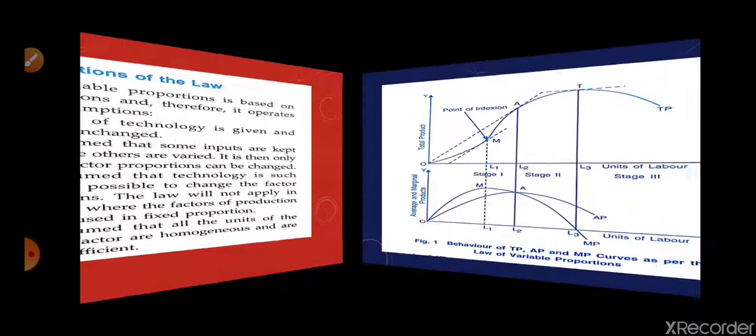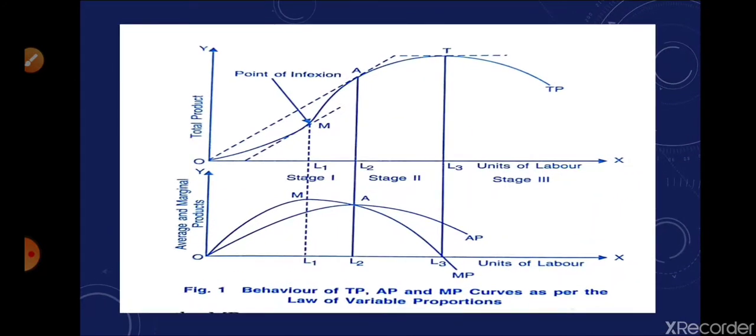Now we are going for the illustration of the law. You can go through with the help of the table given in your book on page number 120. So first we are going through TP. You see that TP is increasing as we are increasing the variable factor of production.